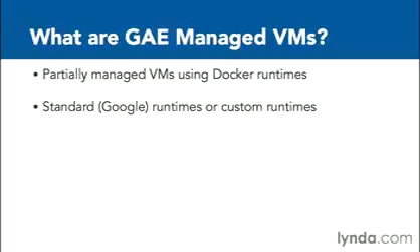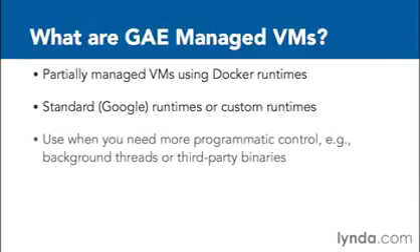There's the standard Google containers. Those would be for services that Google itself offers, like data stores and caches and network services. And then there are custom runtimes. These are ones that developers would create, and they would enable custom processing or custom storage and other services that are similar to that.